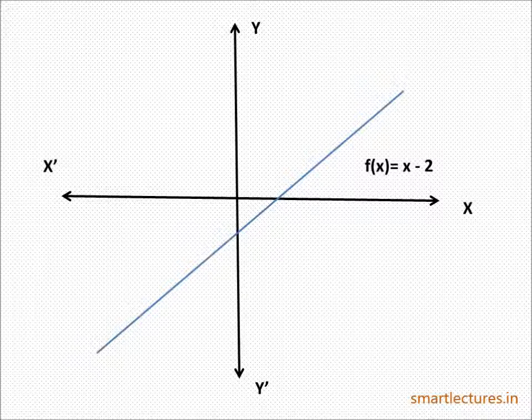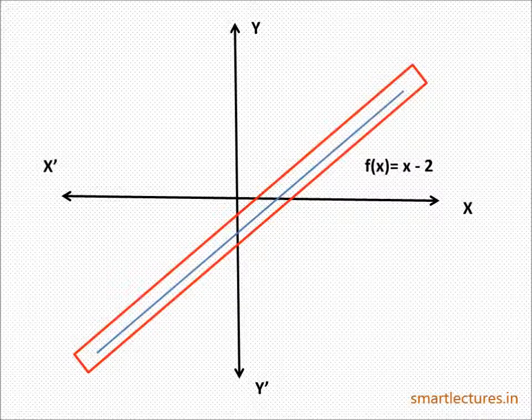Or in other words, if we can draw the graph of a function in one stroke, which means without lifting the pen from the plane of the paper, then we can say that this function is continuous. So let's try to understand the concept of continuity with the help of a few examples.